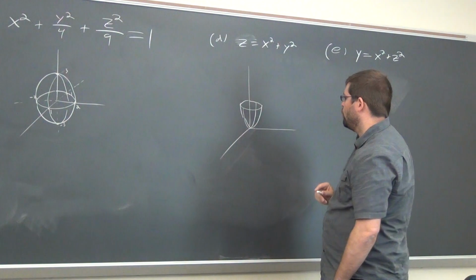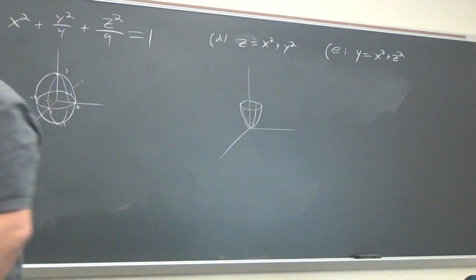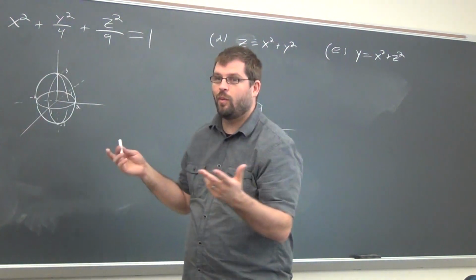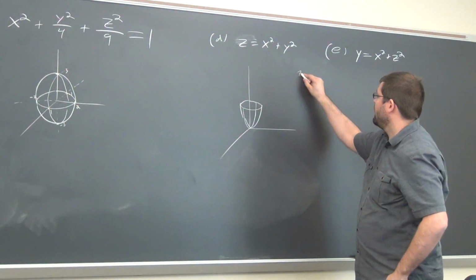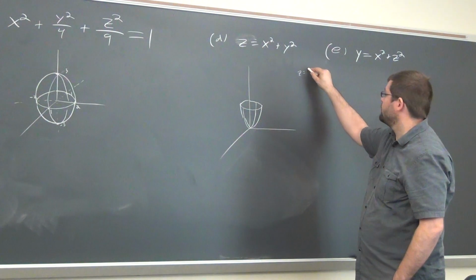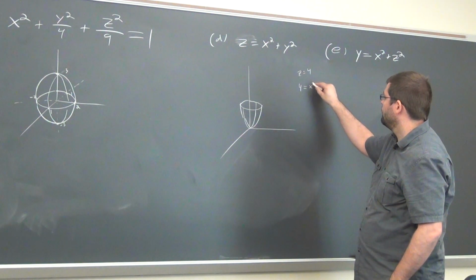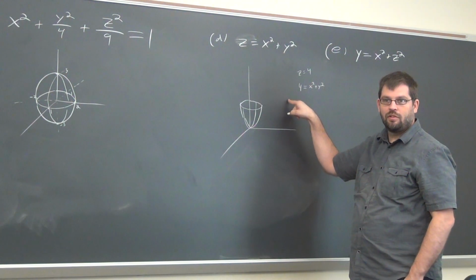You could think of it, back when you were first introduced to these in Calc 2, we talked about level curves. I don't know if you remember doing that, but for instance, if I set z equal to different values, if I set z equal to 4, I have 4 equals x squared plus y squared. So what's that curve? A circle.